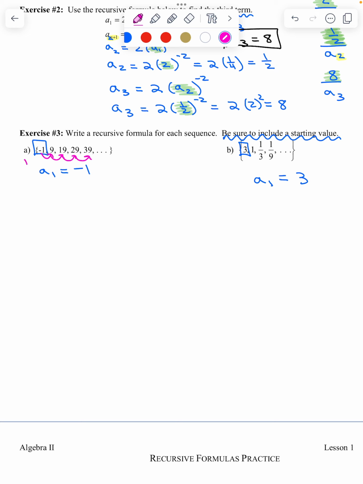So hopefully you see that the pattern is an add 10. So to get to the next term that I want, I'm going to take the term before it and I'm going to add 10. This together would be considered your recursive formula.